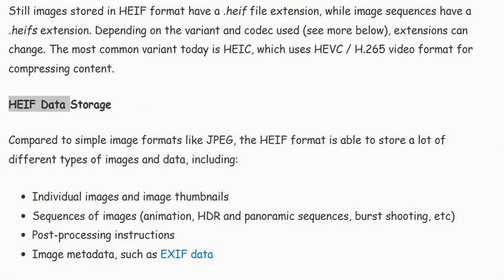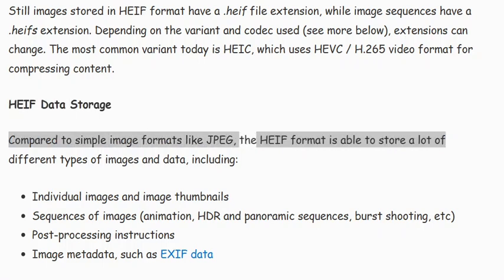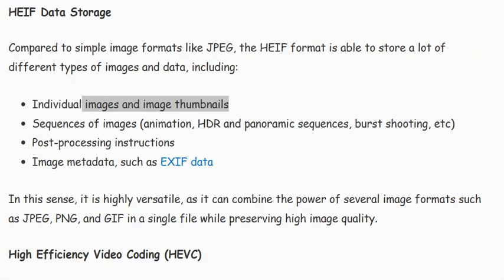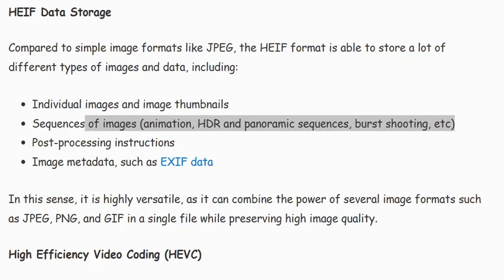HEIF data storage. Compared to simple image formats like JPEG, the HEIF format is able to store a lot of different types of images and data, including individual images and image thumbnails, sequences of images, animation, HDR and panoramic sequences, burst shooting, etc. Post-processing instructions.